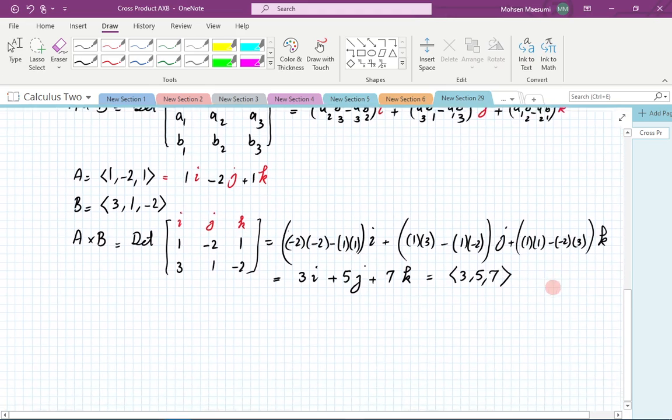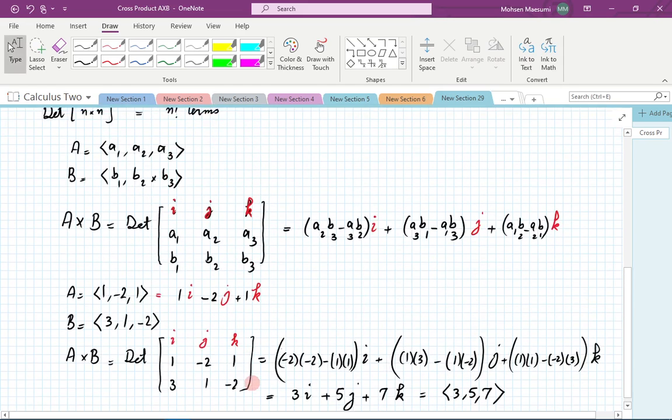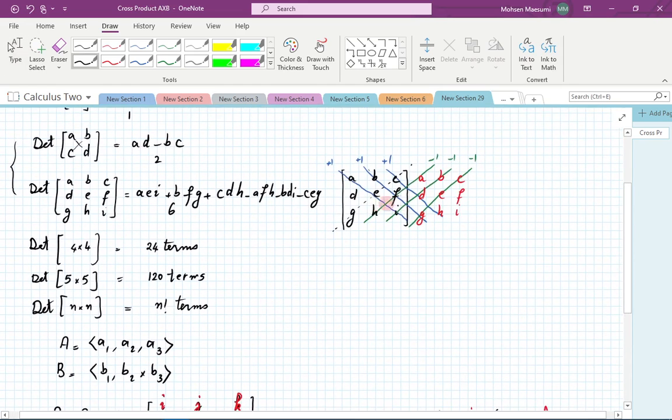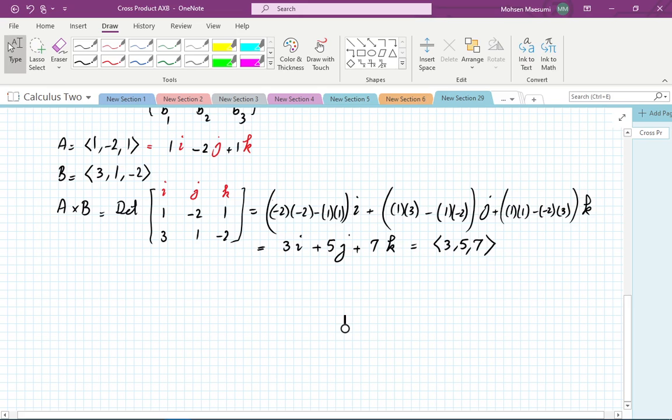What if you wanted to apply the notation we had here for duplicating your matrix? Well, let's do it that way as well.